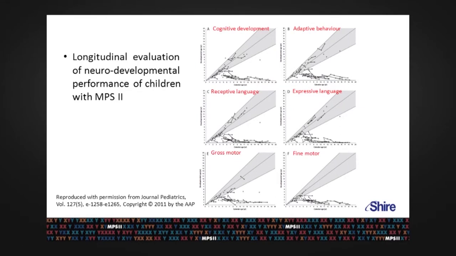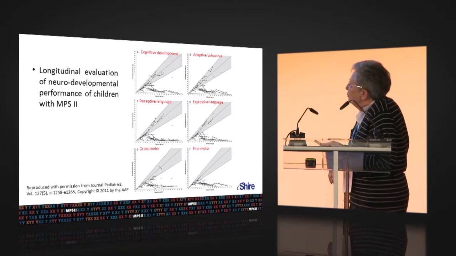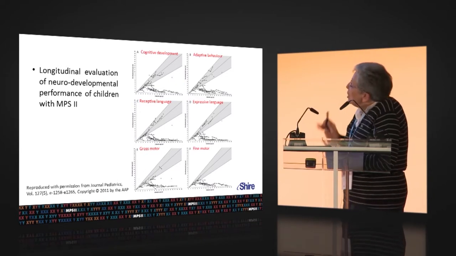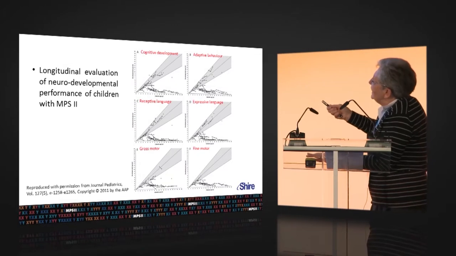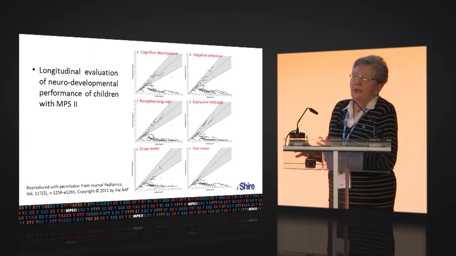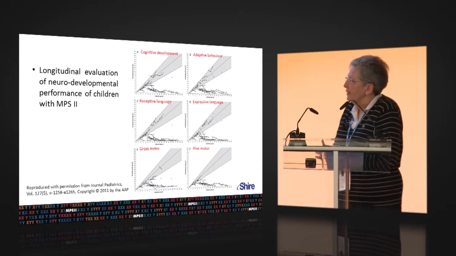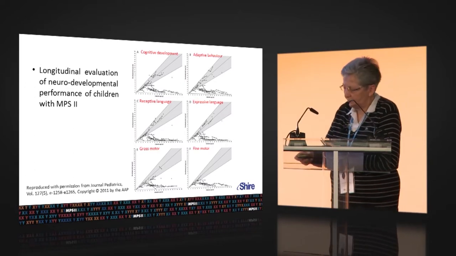He measured 6 parameters in MPS 2 patients: cognitive development, adaptive behavior, receptive language, expressive language, gross motor, and fine motor. At a glance, you can see that for all these parameters, around the age of 3 to 5, there is an evident decline of development.